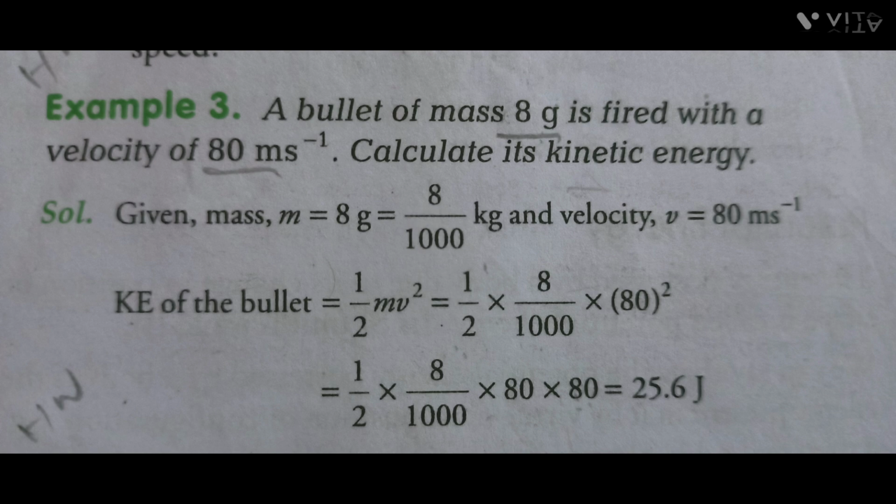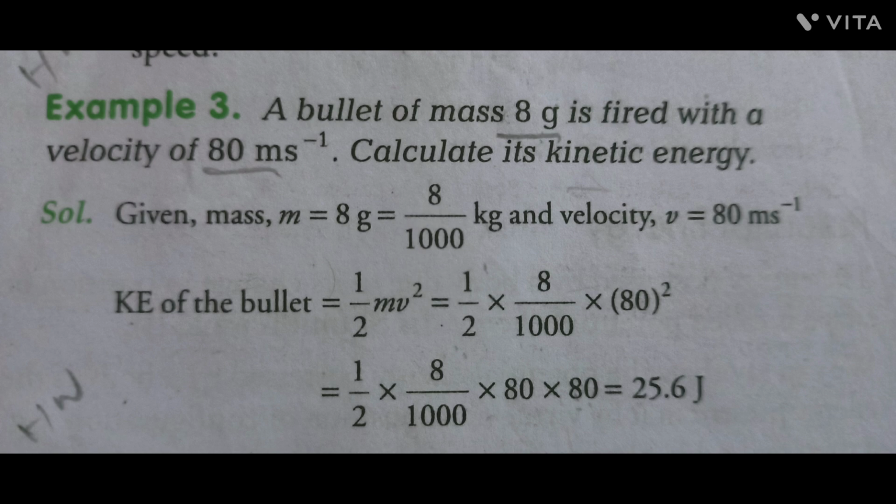Question number 3. A bullet of mass 8 gram is fired with a velocity of 80 meter per second. Calculate its kinetic energy. Solution. Given mass m is equal to 8 gram, we have to convert it into SI unit, that is kg. 8 gram is equal to 8 by 1000 kg, and velocity is given as v is equal to 80 meter per second.